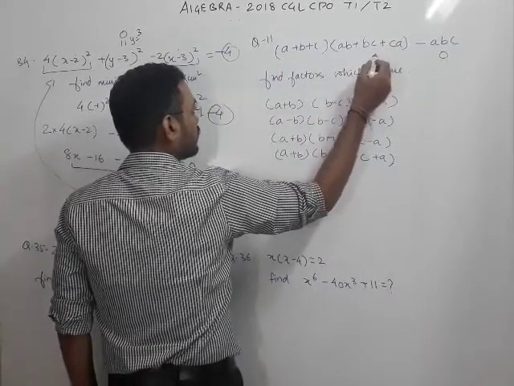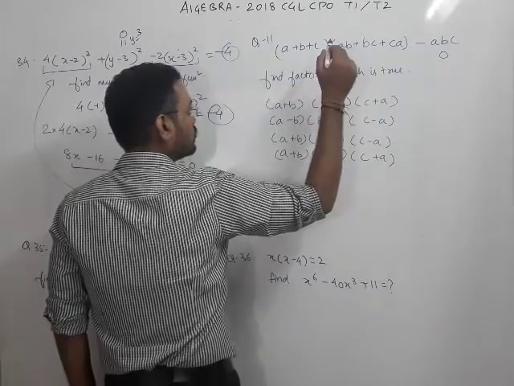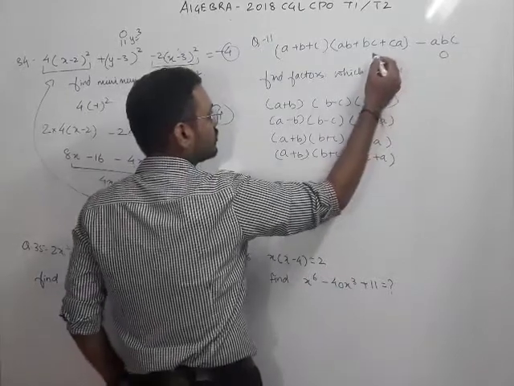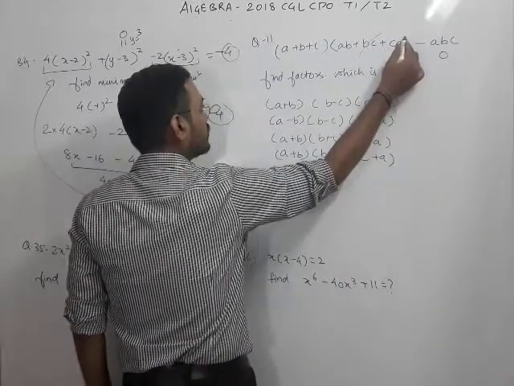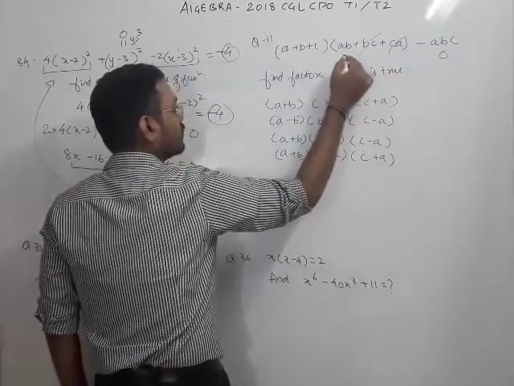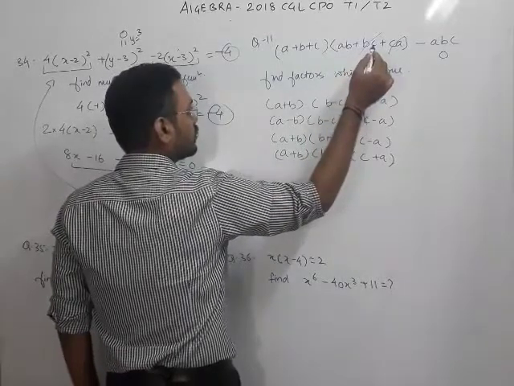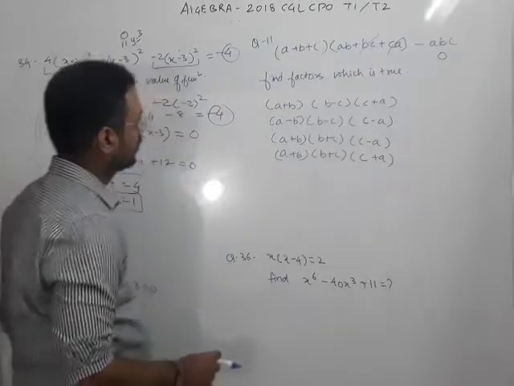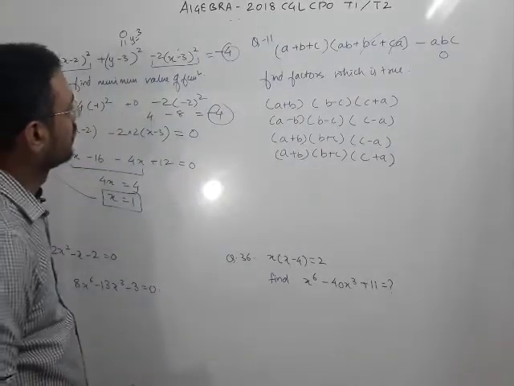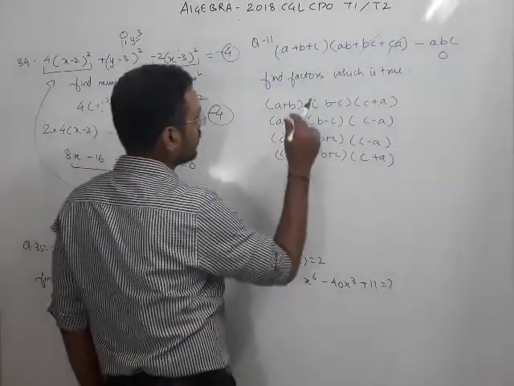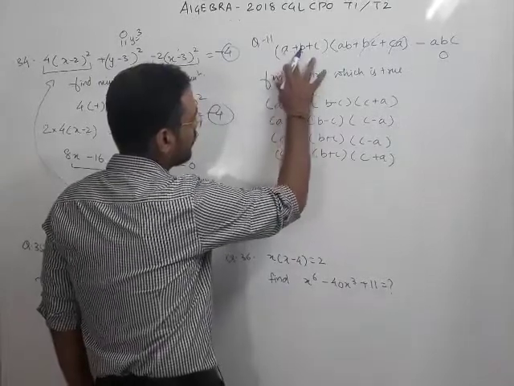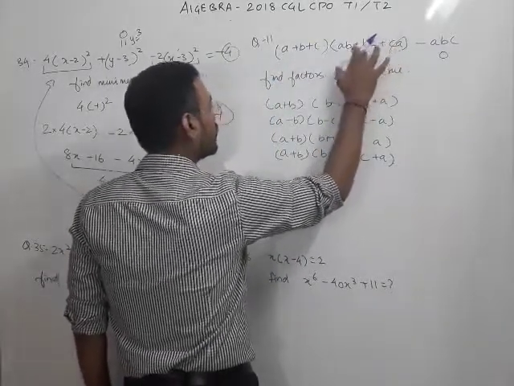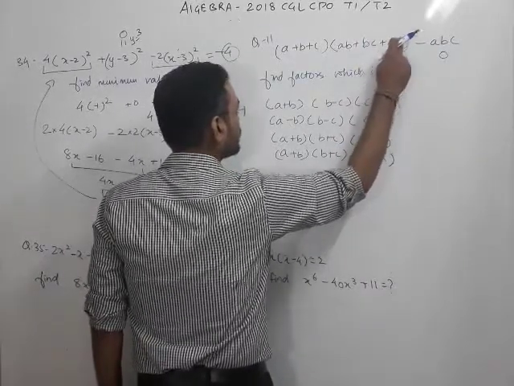Here, let's say I am putting B and C as 0. So this will be gone, this will be gone. I will be left with, I am getting B plus C. I am putting one variable as 0.